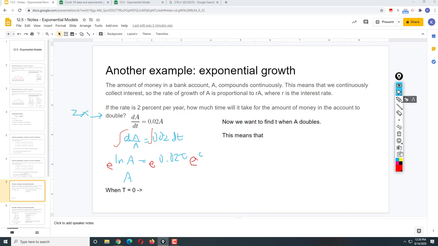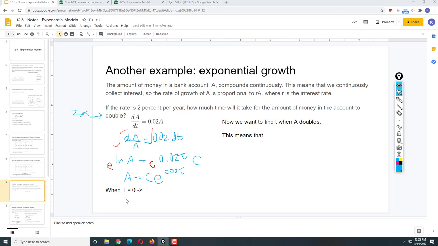And that whole thing is just c. We can call that a constant, because e to the c is still a constant. So A equals c times e to the 0.02t.